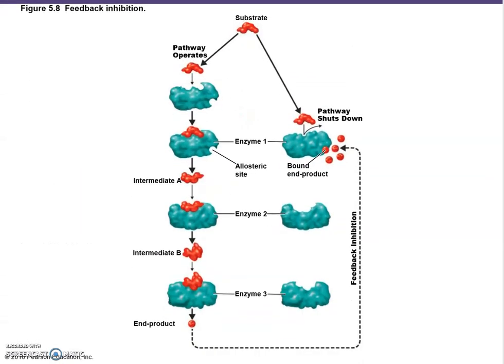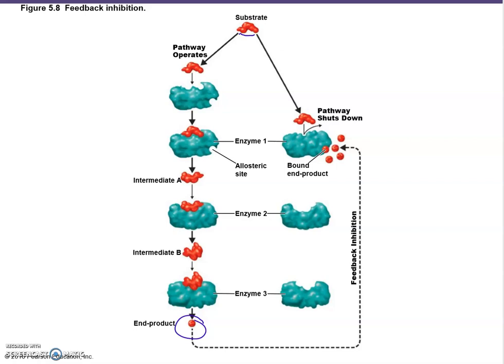And here you have such a pathway where the substrate is shown up there. Starting up here, the substrate binds to the first enzyme, and then we have another enzyme, another enzyme, and another enzyme. Eventually we get an end product, and this end product starts to accumulate. Once we have a lot of end product, it starts binding to enzyme 1 right here, and this will be an allosteric inhibition.